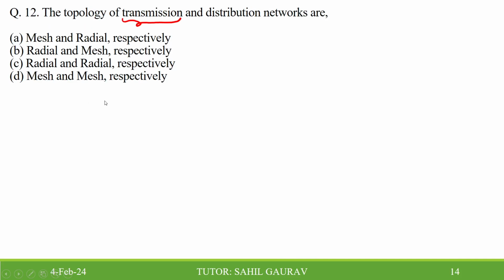The topology of transmission and distribution networks are of. So option A is correct, as you are all telling: mesh and radial type. Transmission networks are of mesh topology.